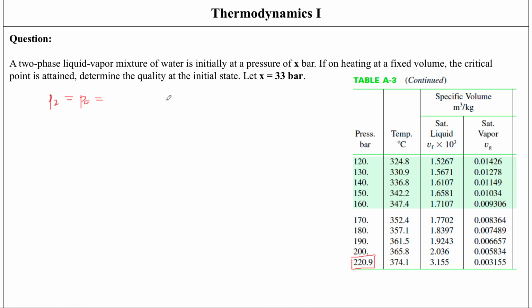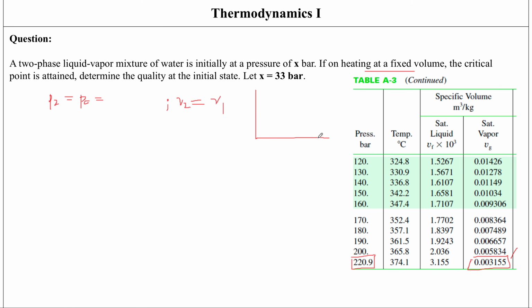And across this, I can find the specific volume at 2, which is equal to 0.003155, and V2 is equal to V1 because we're heating at a fixed volume. So the value for V1 is the same.